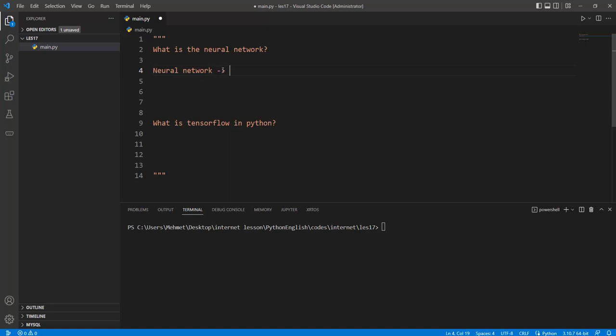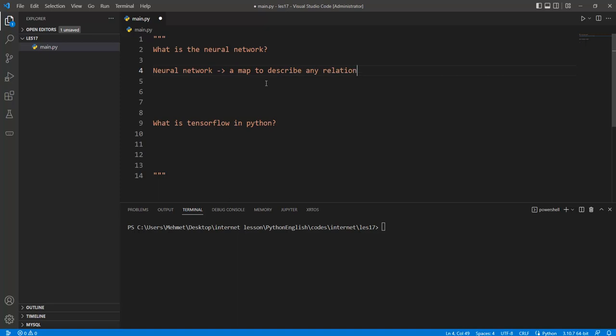And so what is the neural network? Neural network is kind of a map, but this map can be utilized to describe any relation.